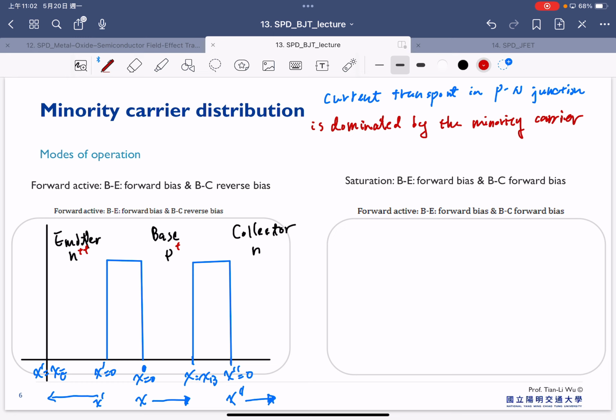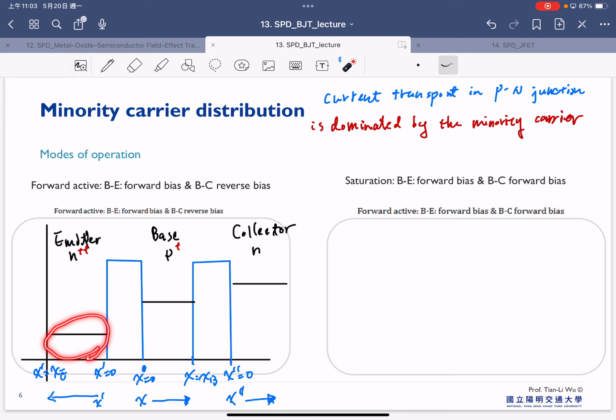And if you still remember, once this is N plus plus, the minority carrier concentration is PE0. This is a static minority carrier concentration, right? Because this N plus plus times this P will be equal to Ni squared. So if you have a higher majority carrier concentration, you have a lower minority carrier concentration here.